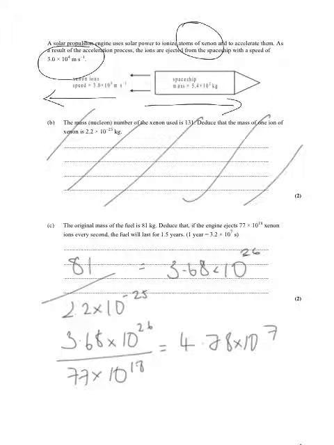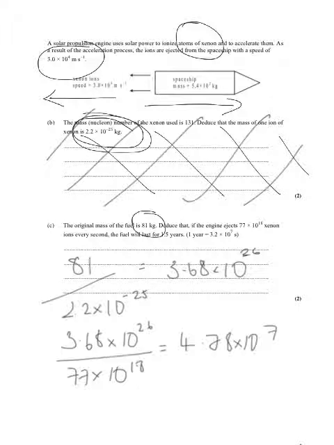So for part C, we ignore part B because we haven't done that yet. If you've got 81 kilograms of xenon and the mass of one ion is 2.2 times 10 to the minus 25, then if you divide 81 by the mass of 1, so you've got the total mass divided by the mass of 1, you will end up calculating the number of xenon ions.